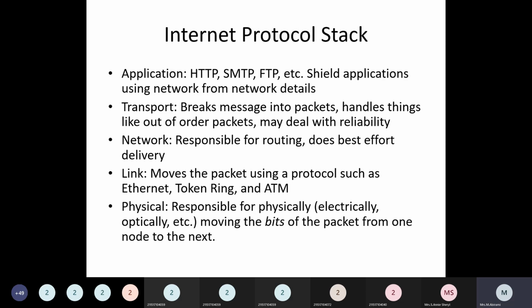For the application layer, we have HTTP, SMTP, and FTP, which are the hypertext transfer protocol, simple mail transfer protocol, and file transfer protocol. These are the applications used on network devices.